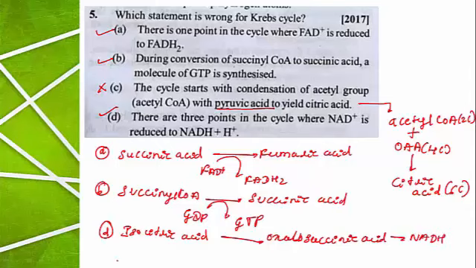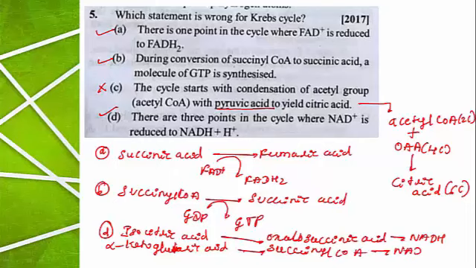Then the second one, alpha ketoglutaric acid is converted into succinyl CoA. Here also one molecule of NADH is synthesized.